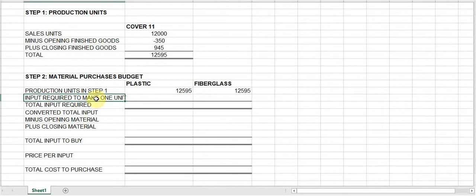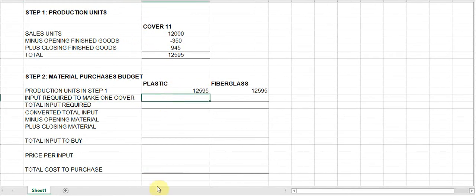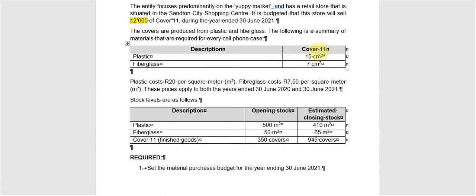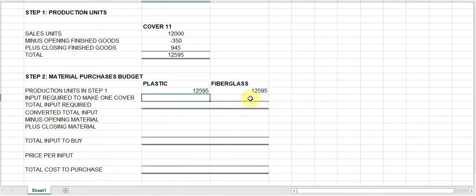The input for 1 unit, so that will be the input for 1 cover. I will go and check in the question what we've been told. We need 15 square centimeters and 7 square centimeters. I'm just typing it in. 7 square centimeters.